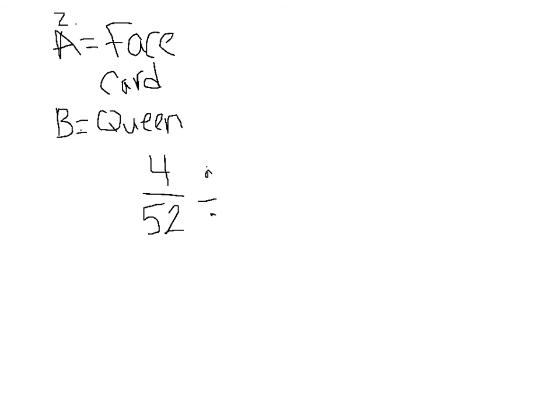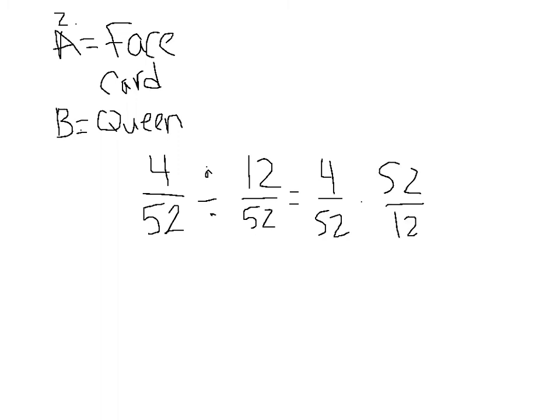Well, how many face cards are there? Think about that for a second. There are quite a few: 4 jacks, 4 kings, 4 queens, that's 12 out of 52. And then we get 4 out of 52 times 52 over 12, and we end up with 4/12.